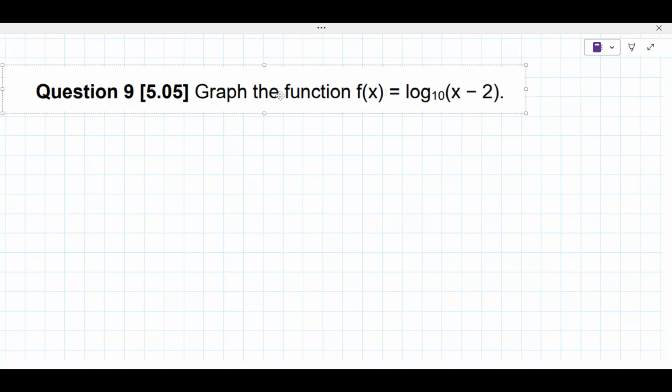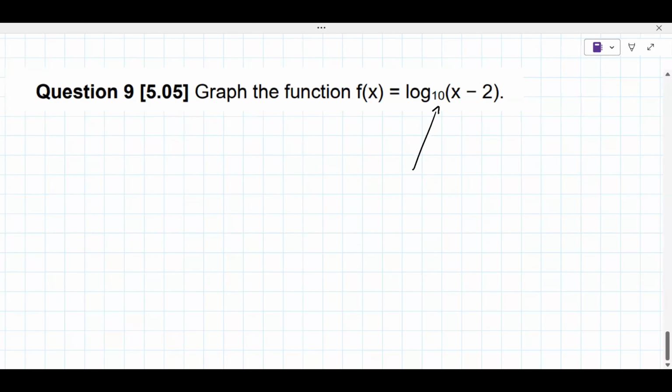If I can find log. Okay, log. I totally forgot on my calculator how to do the little base, so I just gotta find that real quick.